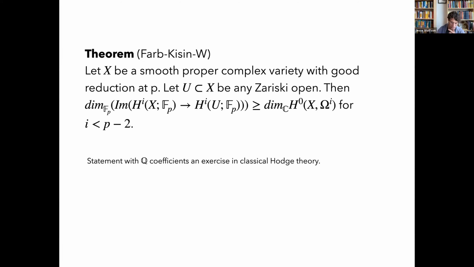show essentially using logarithmic forms that not only do those forms all restrict to be non-zero on a Zariski open, but they stay non-zero in cohomology. There's no coboundary that shows up, right? And this is one of the things that's really powerful about forms as a witness for ordinary cohomology. An ordinary cohomology class in singular cohomology, God knows where it lives.